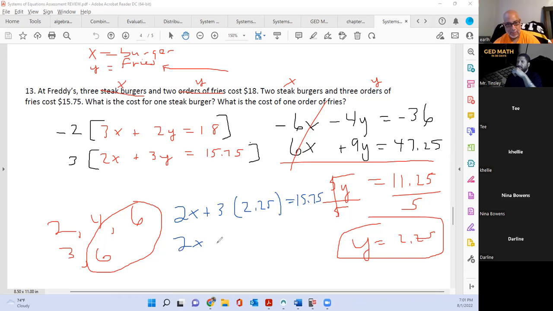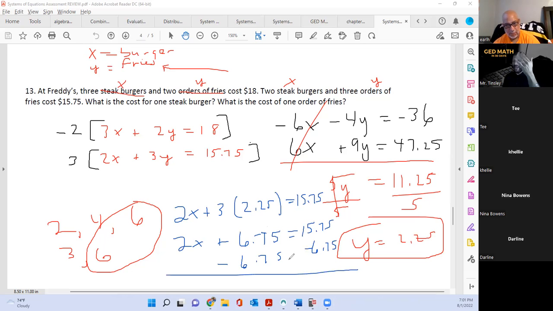We get 2x plus 675 equal 1575. Subtract 675 from both sides. So even though it contains decimal, it doesn't matter. It's still the same algebraic steps. 2x, the 675s cancel, equal 900. 1575 minus 675 is 900.